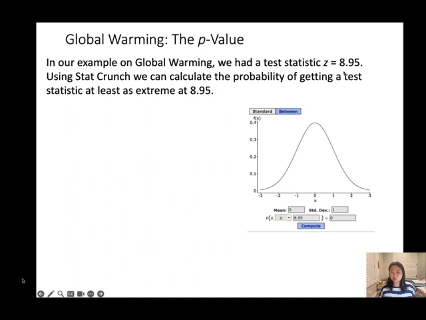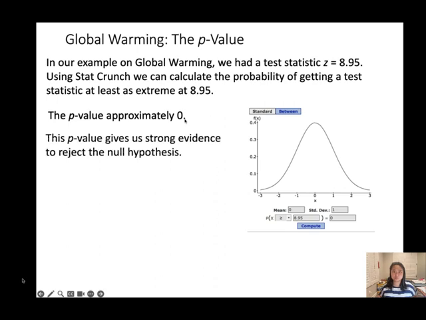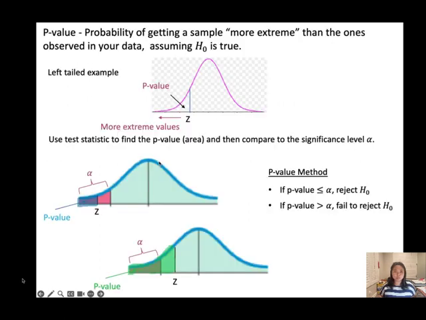The z-score represents your test statistic, 8.95, so you know 8.95 is somewhere out here. Since 8.95 is really far away from the center of the normal distribution, we can assume the area, the p-value, will be equal to 0. And this p-value gives us strong evidence to reject the null hypothesis. So the picture looks like this.